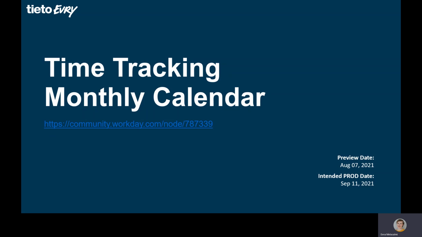Then to the next highlight topic, which would be the time tracking monthly calendar. Again, you can here see the link to the What's New post in Workday Community for the topic. And again, this is something that is intended for production on September 11th.